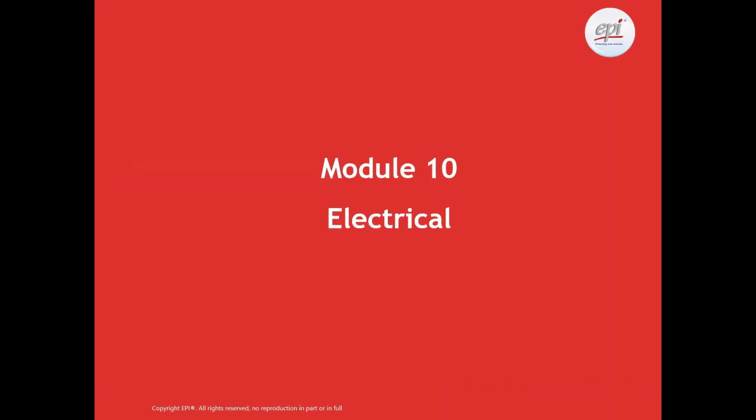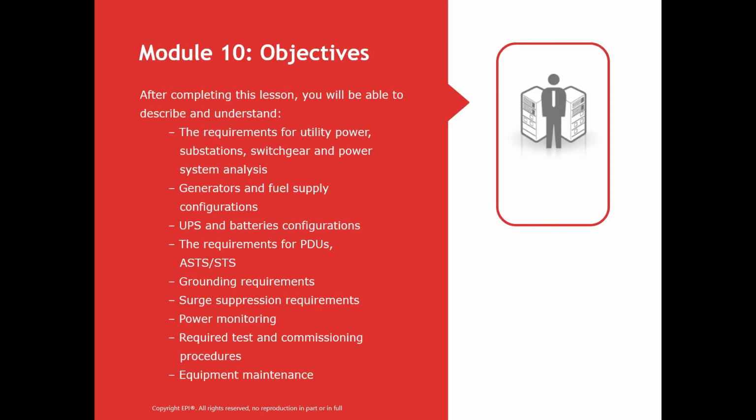Under Module 10, we will look at the various aspects around the electrical systems when designing a quality data center. Under this module, we will look at the requirements for the power chain, all the way from your power company, transformers, substations, switchgear, all the way down to the STSs, PDUs, and power strips in the racks.